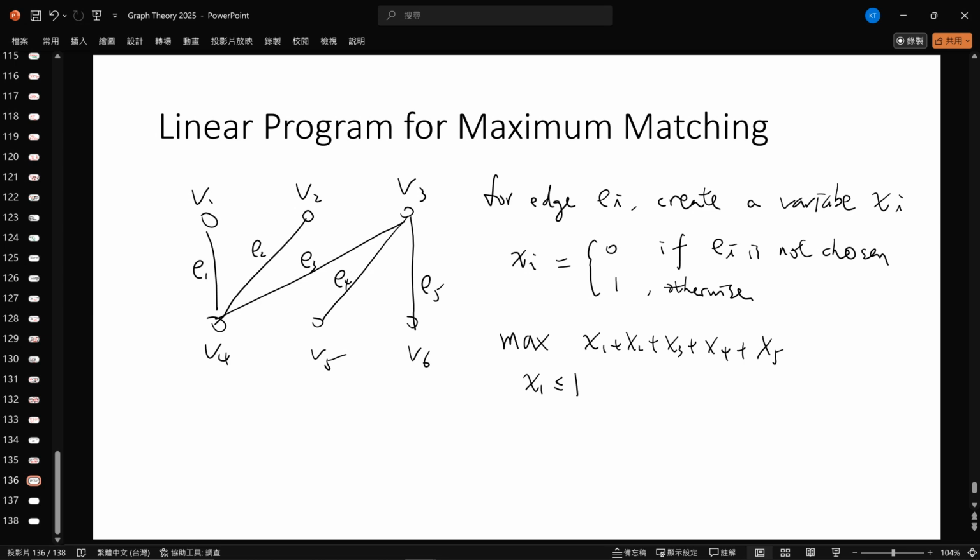Because V1 only has 1 incident edge, that is E1, the constraint is just x1 is at most 1.